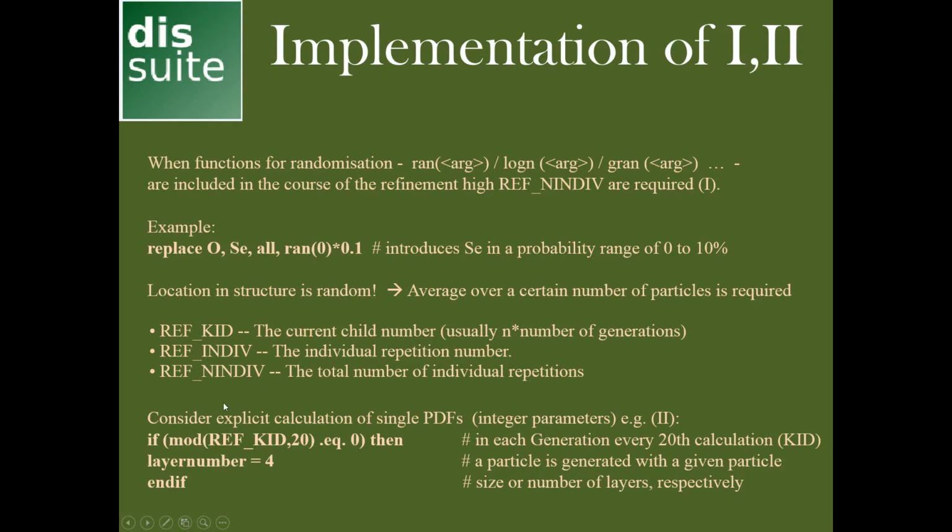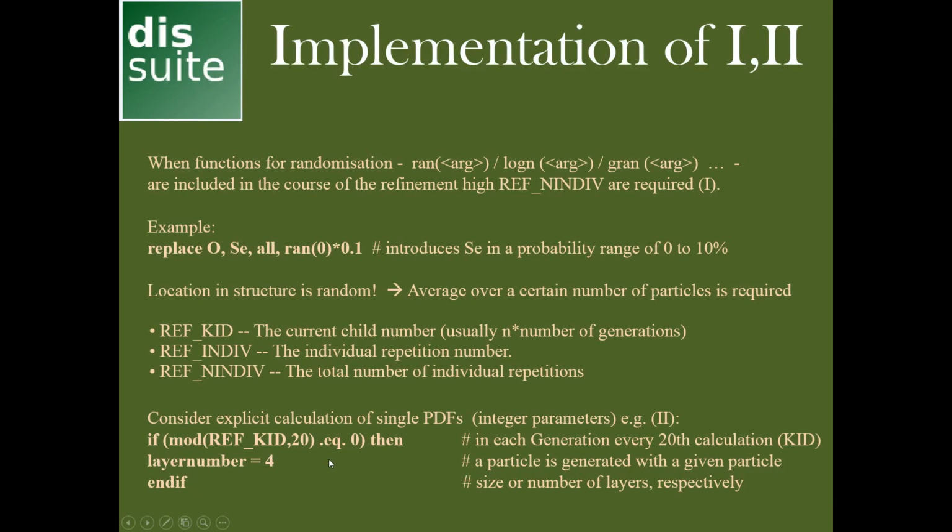The second issue I mentioned are integer parameters, and one way to get around this problem is to manually calculate these integer parameters, for example, as I've mentioned, the number of layers. So in this kind of if statement, when you run in one generation 100 kids, for example, you can write the modulus of 20, so each kid with number 20, 40, 60, 80, and 100 is then executed with this kind of parameter set.